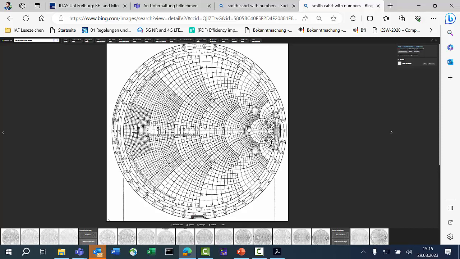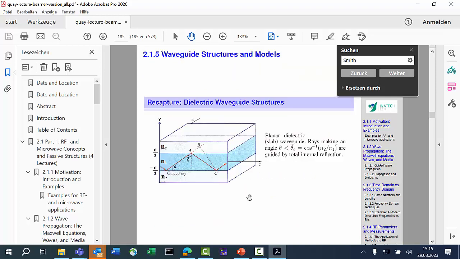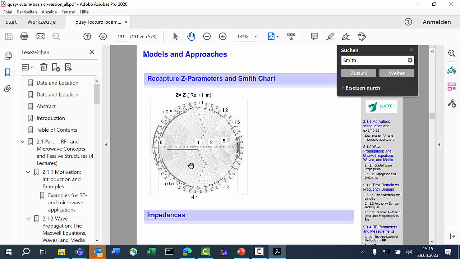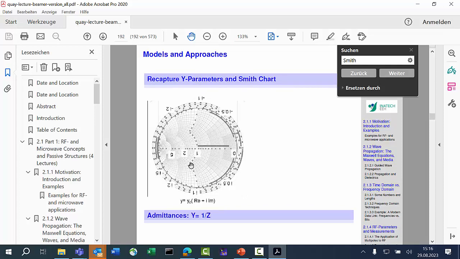Yeah? So this is what I have also in the charts. Here it's again what I just said. This is the reflection coefficient way of looking at this, and this is now creating impedances.